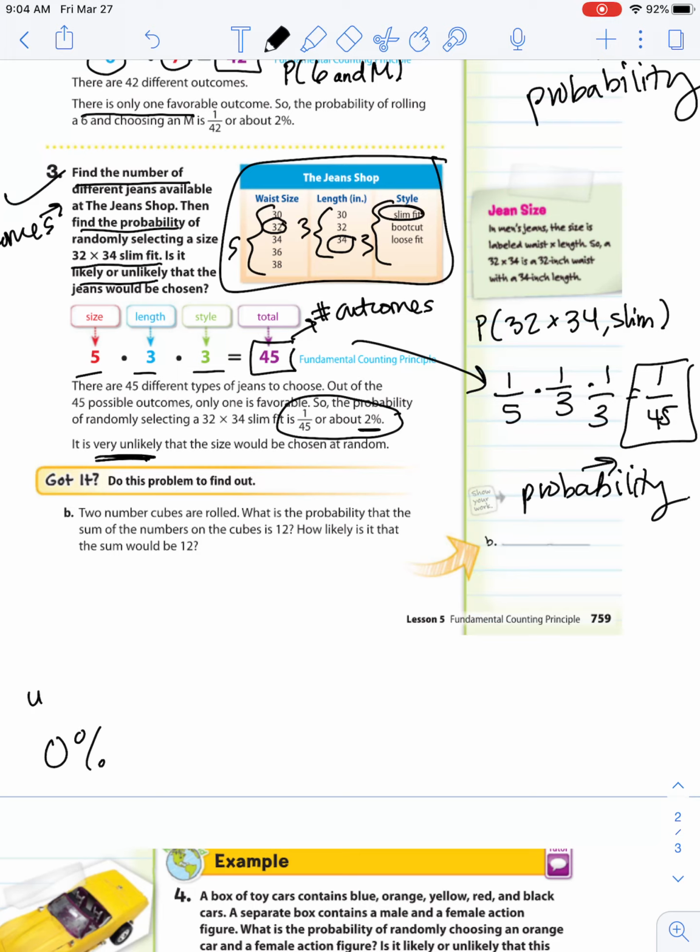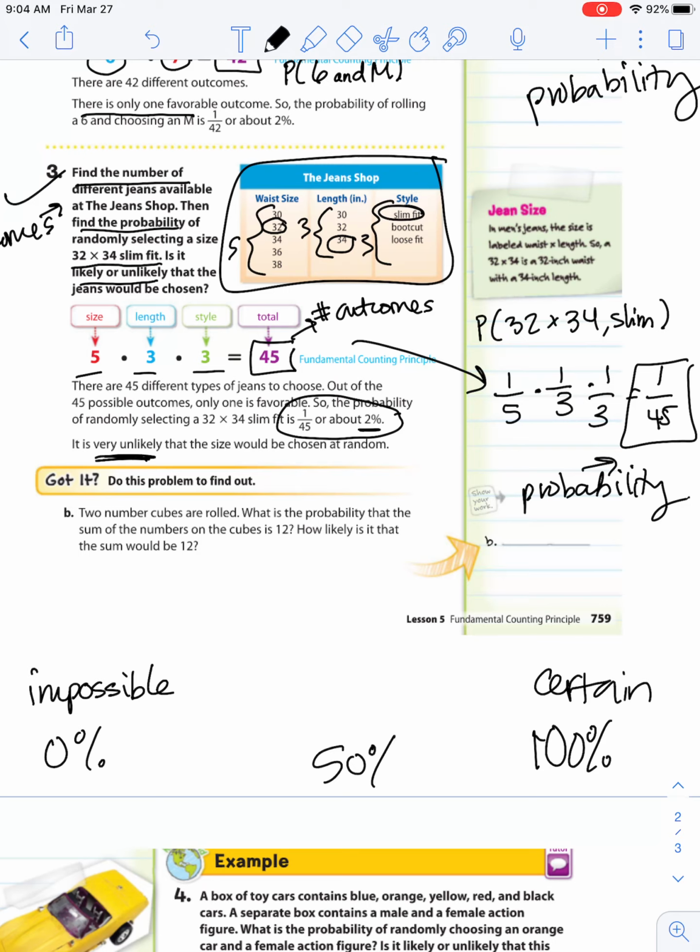If there's a 0% chance, then it is impossible. And if it's a 100% chance, I'm trying to think of what your book called it. Hang on 1 second. I'm looking so that I don't give you the wrong wording. Oh yeah, if it's 100%, then they call it certain. So for sure it's going to happen.